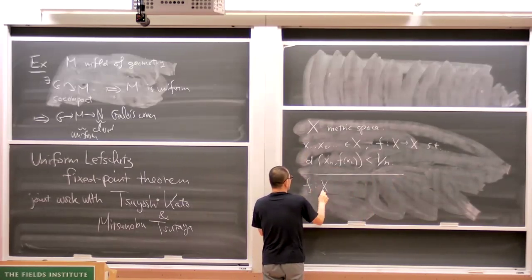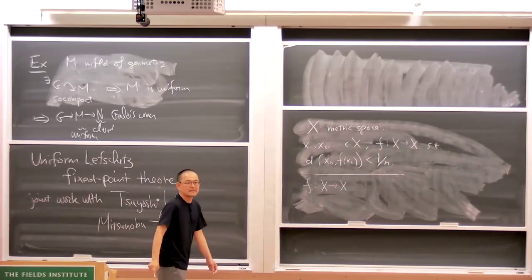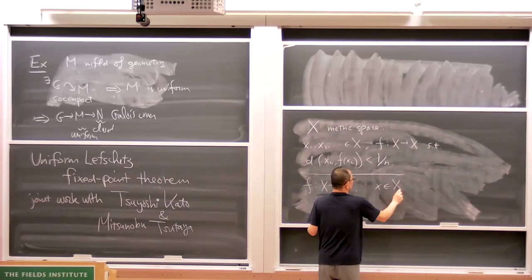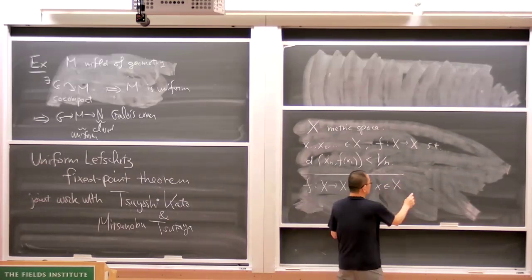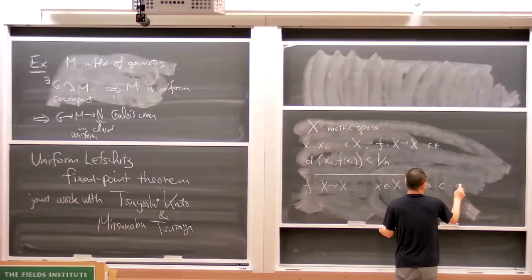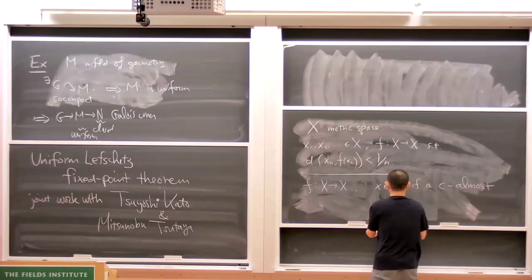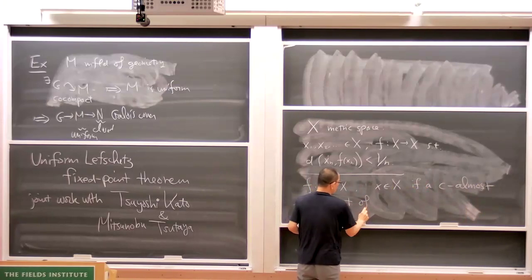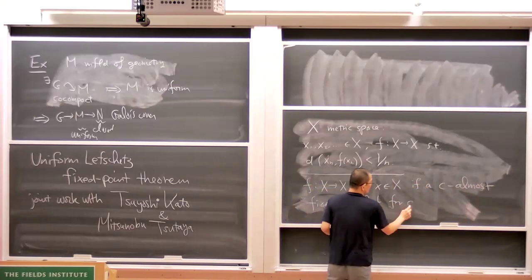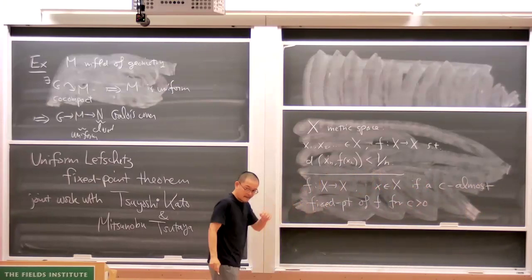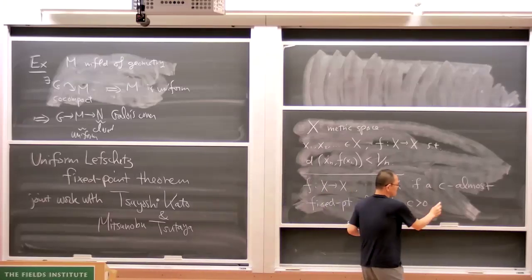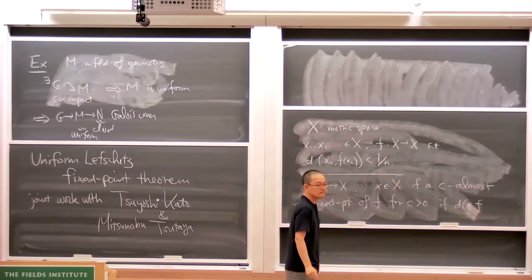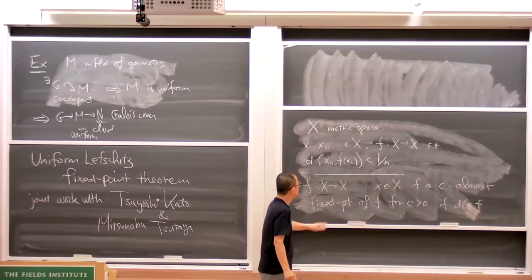Now, let f be a self-map of a metric space X, and we say that a point x is a C-almost fixed point of f for some positive number C if this is the restriction.